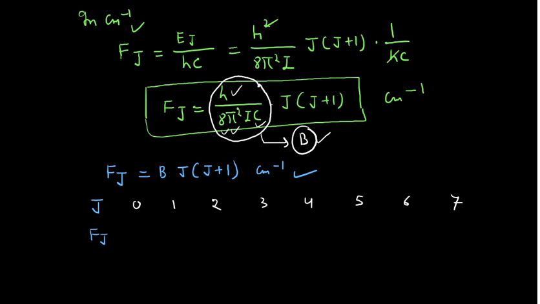For this you will get 0, for this you will get 2B, for j equals to 2 you will get 6B, for j equals to 3 you will get 12B, and after that 20B, then 30B, then 42B, and then 56B. So this is something very, very important which you should know.